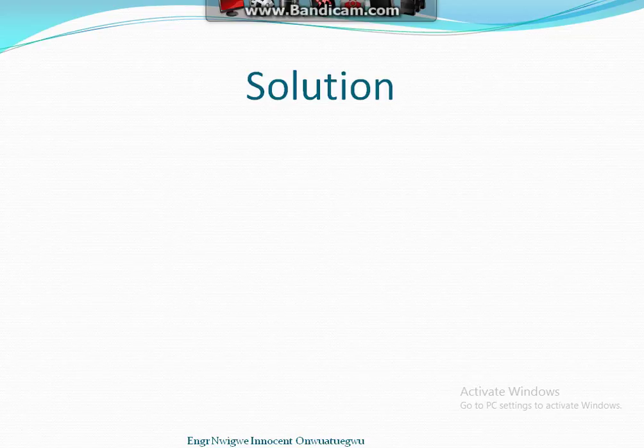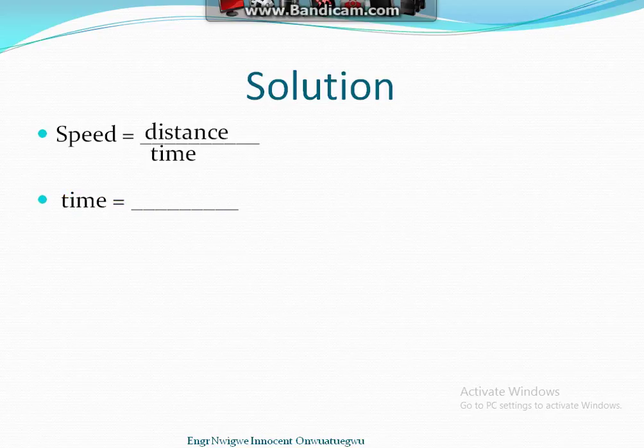Then the last question says the time taken by an aircraft to fly from P to Q and then from Q to R if the average speed is 800 km per hour. Since speed is equal to distance over time, we make time the subject of the formula, so time equals distance over speed.